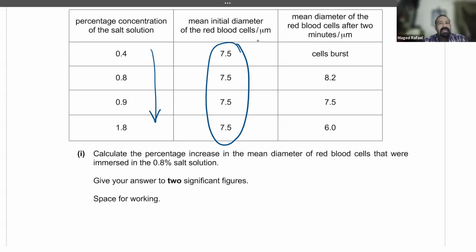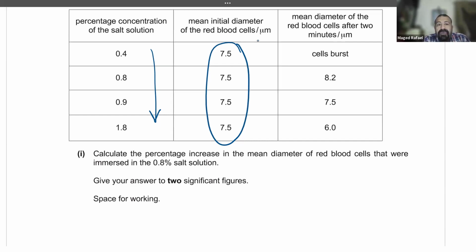Look, because we don't have a cell wall, and that's what we said for the red blood cells and the animal cells, all of the cells burst at the percentage concentration of salt solution 0.4.